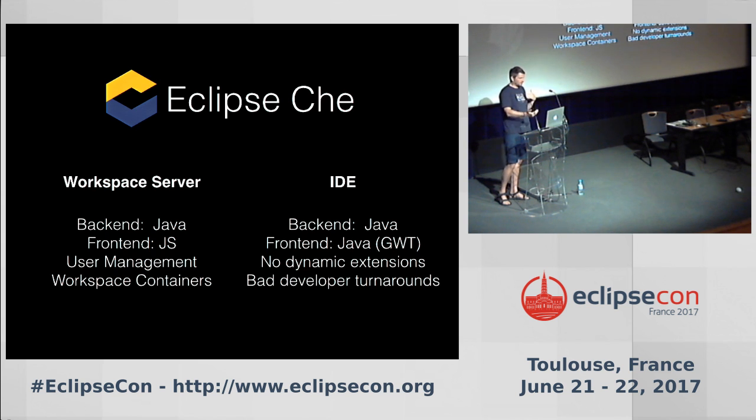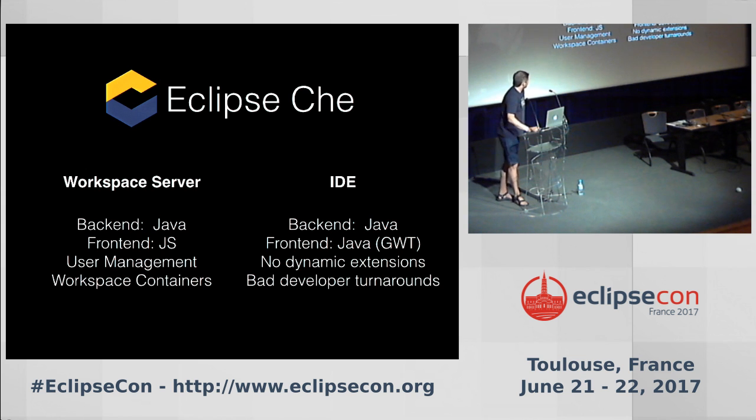There's a lot of complexity being added through this compilation step through GWT, and in the case of Eclipse Che, you always have to recompile the whole application, which takes quite some time, like minutes. We really want to have something with super short turnarounds for the developer, also for the extension developer. It should really be fun to build an extension for the framework.